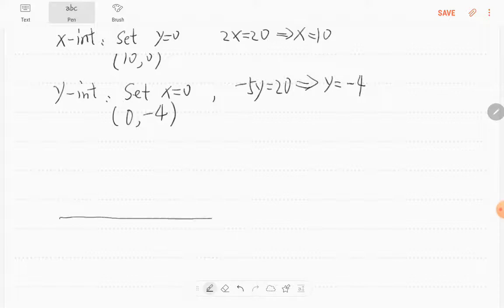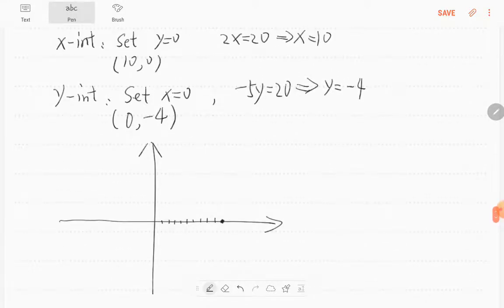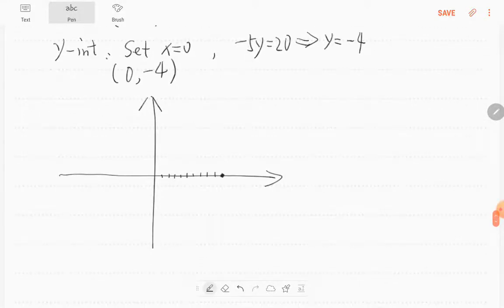Okay, so let's draw the graph. 10, 0, x equals 10. 1, 2, 3, 4, 5, 6, 7, 8, 9, 10. So this is on the graph. Another point is 0, negative 4. 1, 2, 3, 4. So this is negative 4. This is another point. So we connect these 2 points. So this is the graph.